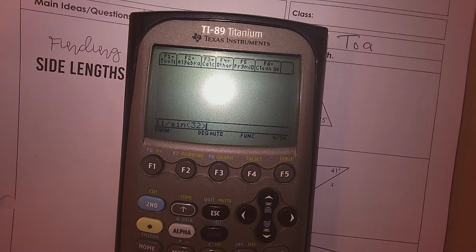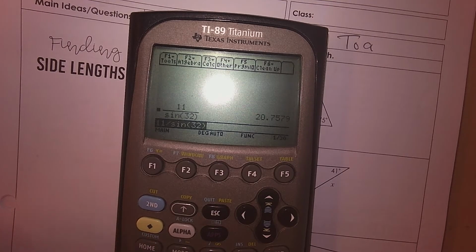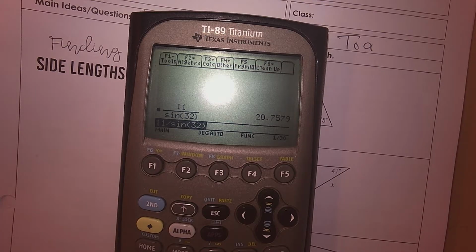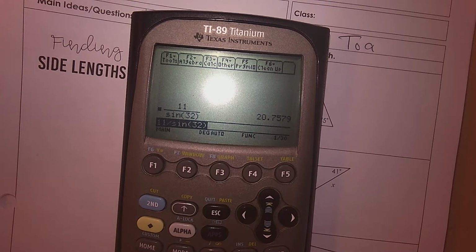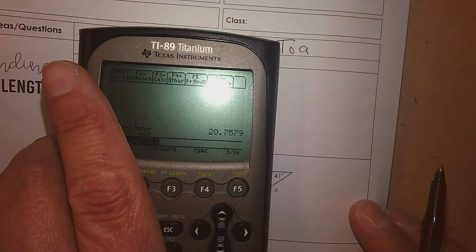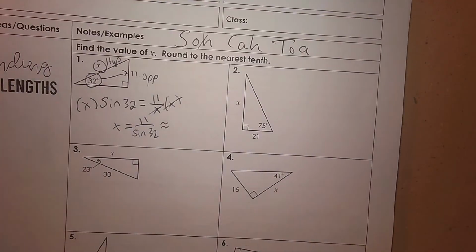Go diamond enter. And approximately, how big is that side? And we're going to practice rounding to 3 decimal places, because that's what's expected on the AP exam. So the answer is 20.758.